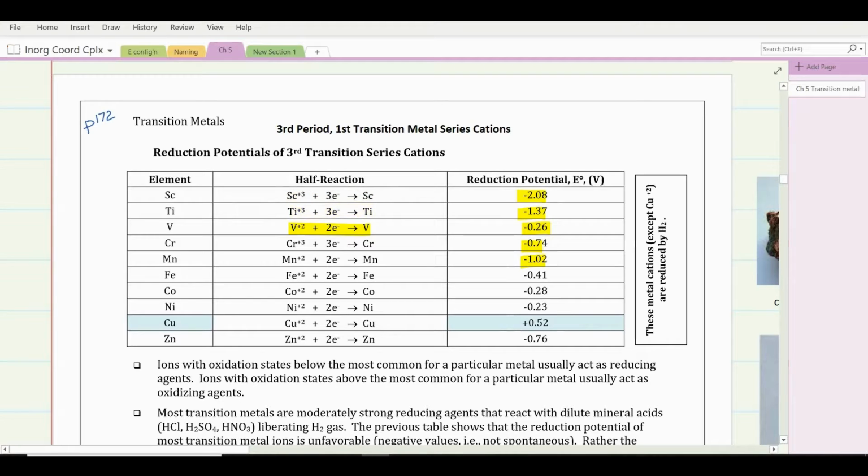Now these reactions are all reversible. We could take scandium metal and it would readily be oxidized, losing 3 electrons to form scandium plus 3. And the potential for that would be plus 2.08. Just change the sign from negative to positive if you reverse the reaction.